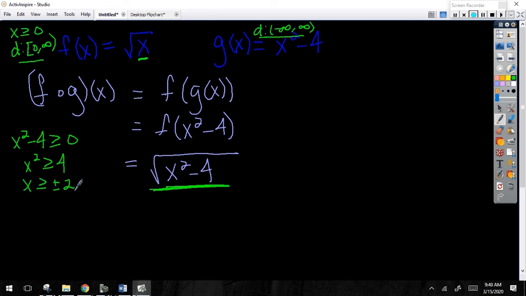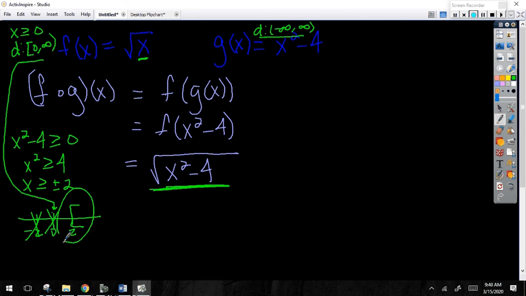Now, when I say plus or minus 2, if you think about that number line, negative 2 is here, positive 2 is here. It's got to satisfy both parts of that, so I can ignore the negative one. I know I've got to be bigger than 0 because that comes from this first one. But if I have to be bigger than 2, that's really not even important. So my domain is going to be from 2 up to infinity. Okay.